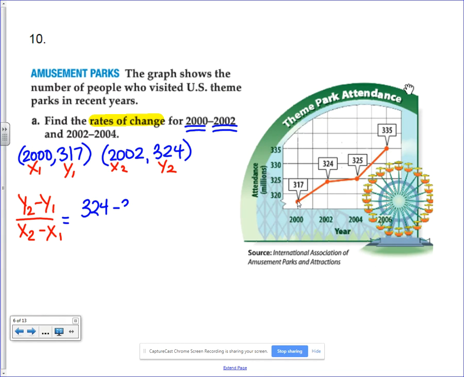Minus, over, minus, what's in my numerator? Bottoms 2, yep. How about that numerator? What is 7 over 2?